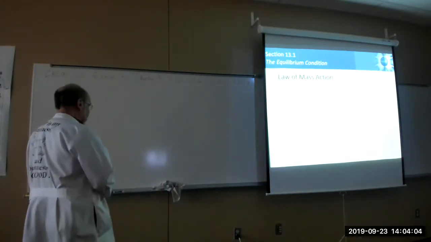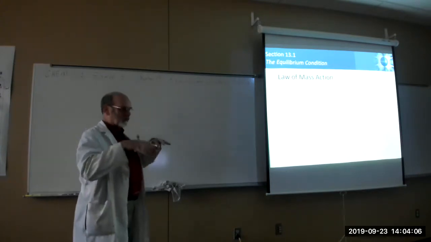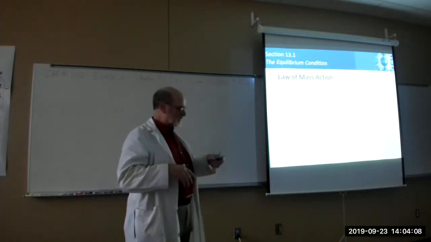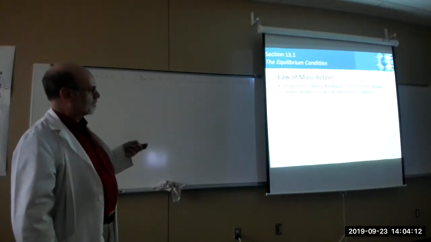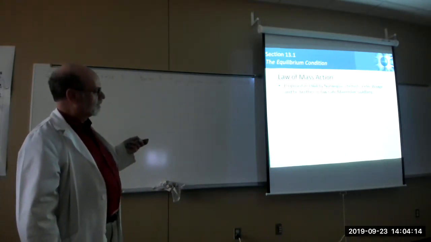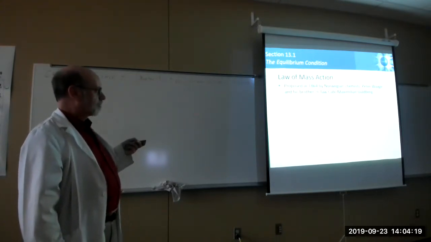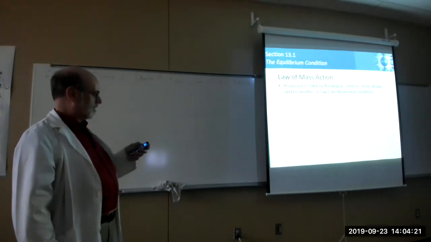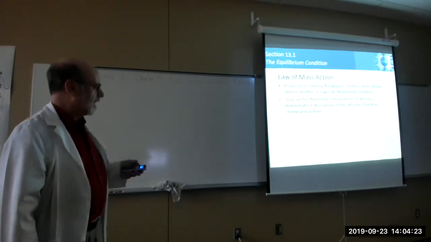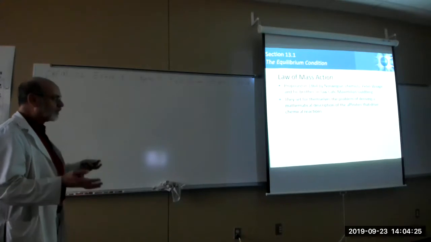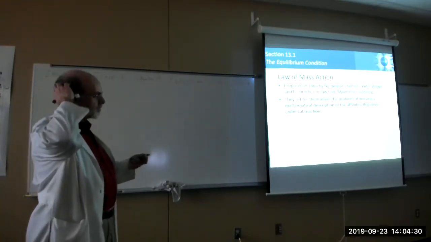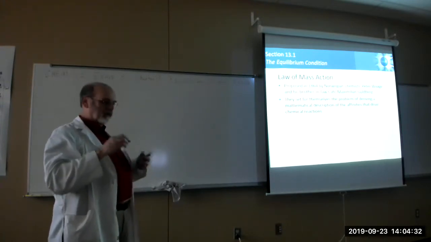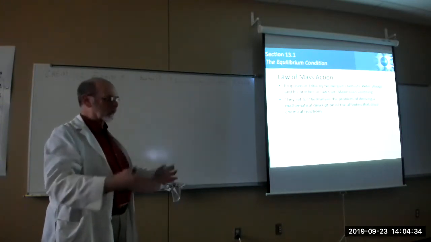Now, the description of an equilibrium situation was given to us by two Norwegian scientists in the middle of the 19th century, Waage and Guldberg. And they were just looking for a way to describe what was going on in a reaction and what the conditions were for equilibrium.